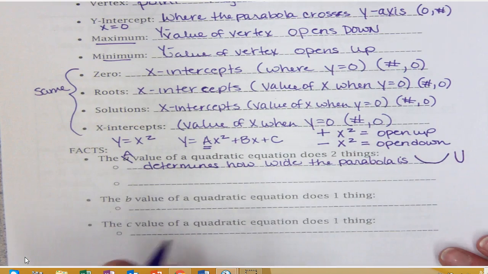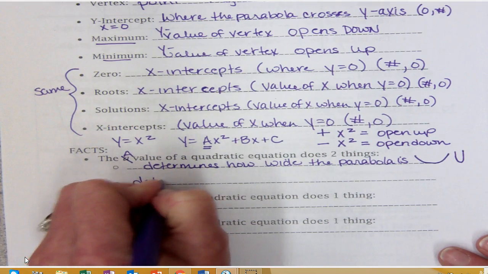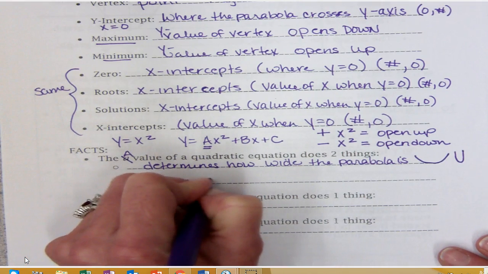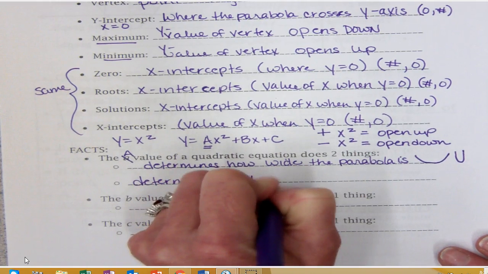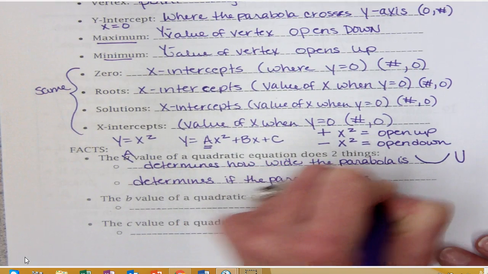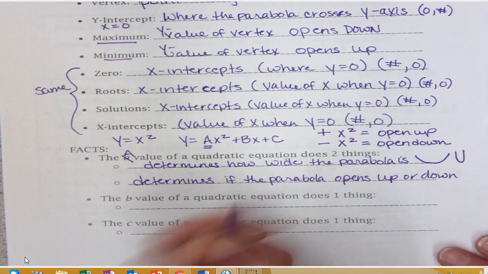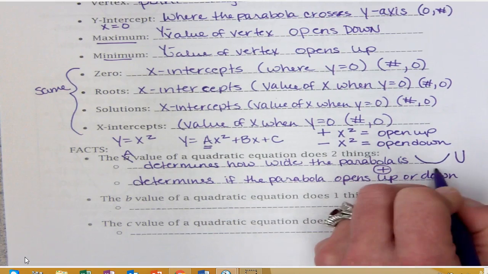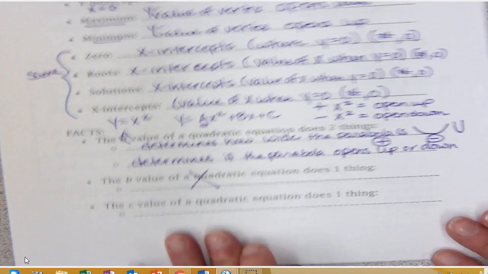And the a value makes that determination. And it determines if the parabola opens up or down. So that would be positive and that would be negative. Okay, we're not going to worry about the b.